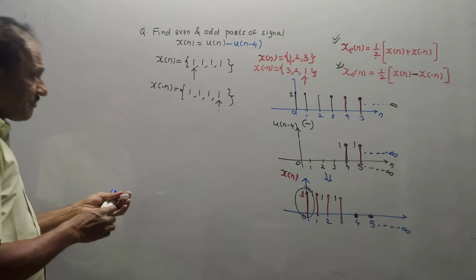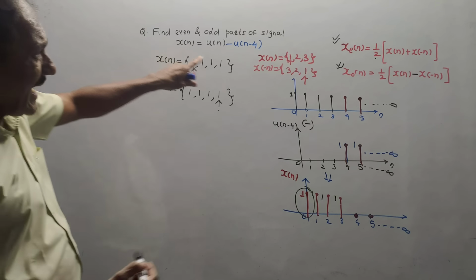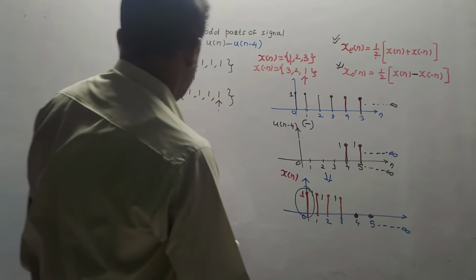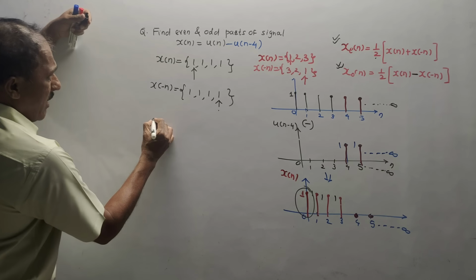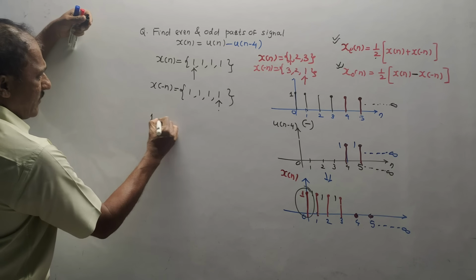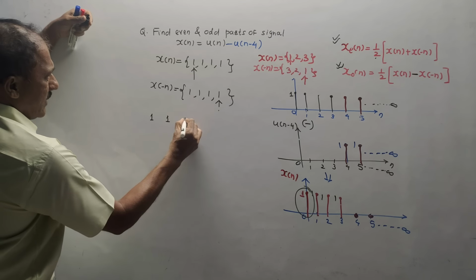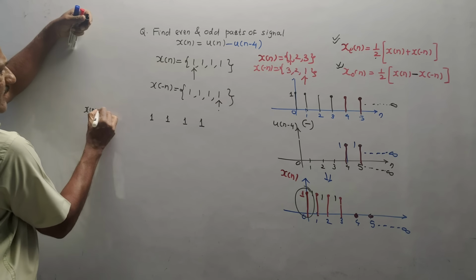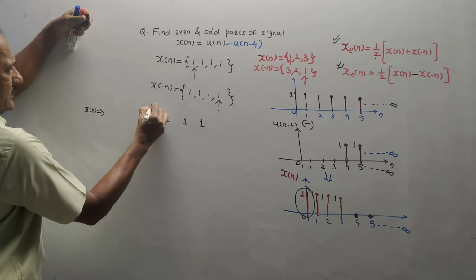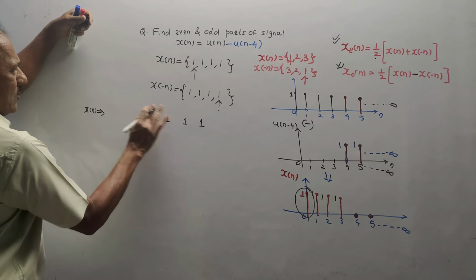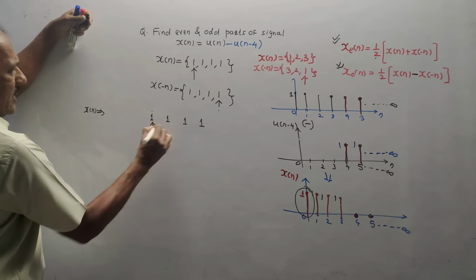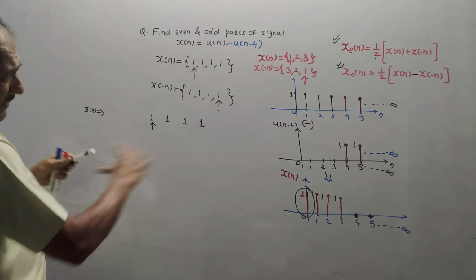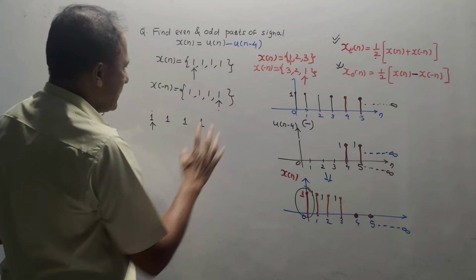Now, how to perform the addition without drawing the diagram? I will write these values over here, 1, 1, 1, 1. These are the values for x of n and arrow is here. I will mark arrow over here. Whatever values I have not written, by default these are zeros.